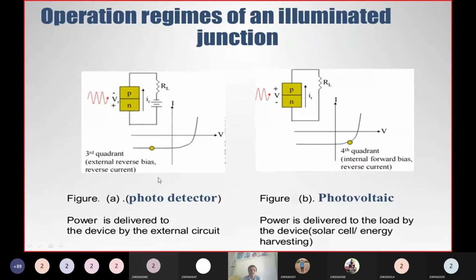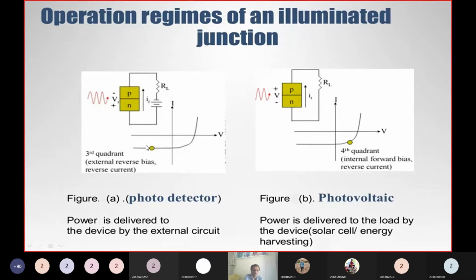In photodetector mode, we connect the diode in reverse bias. In photovoltaic mode, we do not connect any external voltage, so this is the zero bias mode. Here, in the third coordinate, there is external reverse bias and reverse current.